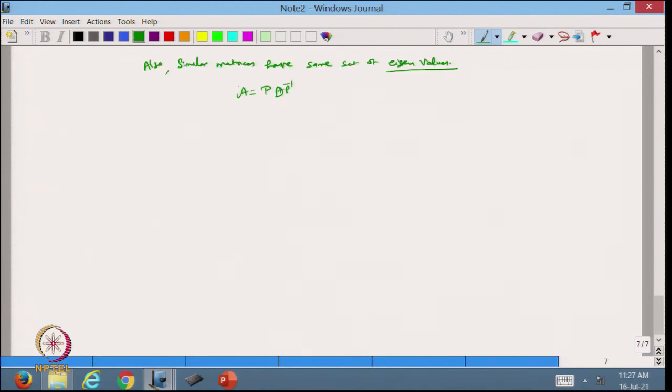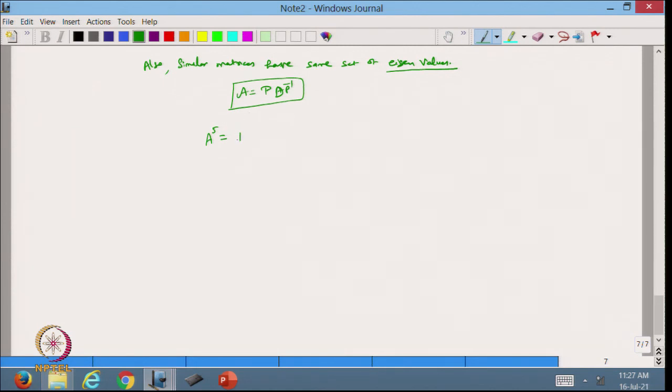So, this way we are able to convert this, and now suppose somebody wants to ask me what is the value of A 5, then maybe I can use this formula.